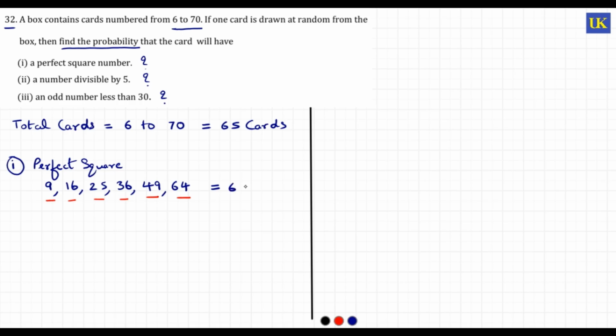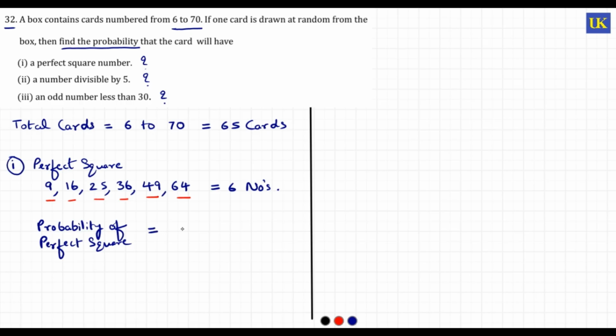So these are 6 numbers, right? So the probability of a perfect square is how much? How do we find the probability? Probability that the card is a perfect square.